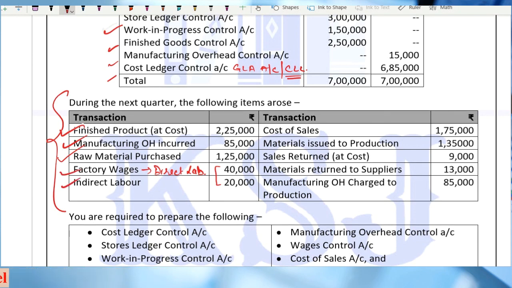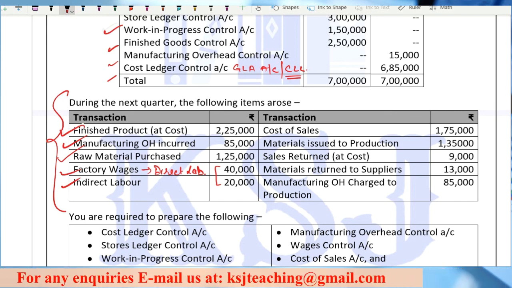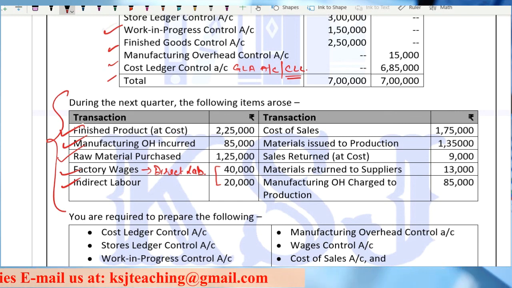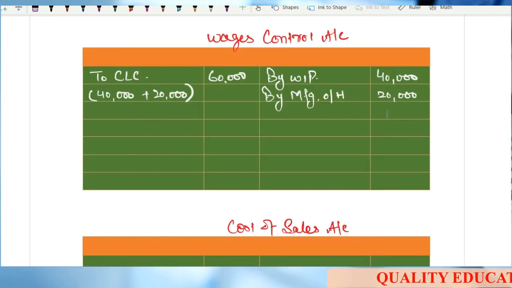Now cost of sales 1,75,000. When do we record the cost of sales? Recording cost of sale means the finished goods have been converted into sale and we are recording that at cost. What is the entry? Sir, if finished goods have been sold, my stock of finished goods will decrease, my cost of sales will increase. So the entry will be cost of sales account debit to finished goods control account.